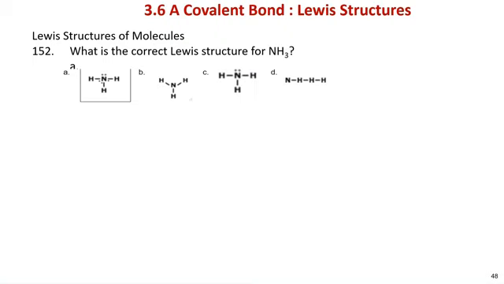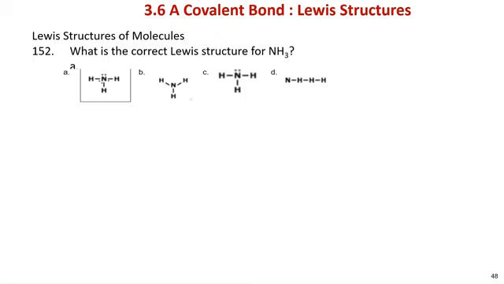This one, nitrogen has only 6 valence electrons. Nitrogen in NH3 has 5 plus 3, 8 electrons. Nitrogen is group 5A, 5 electrons. Hydrogen is 1A.